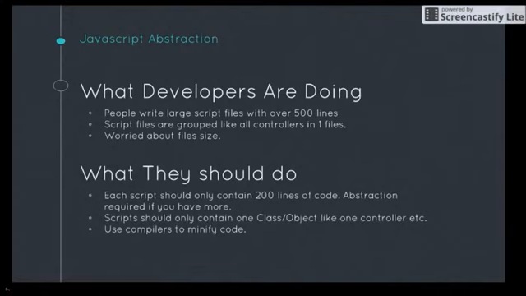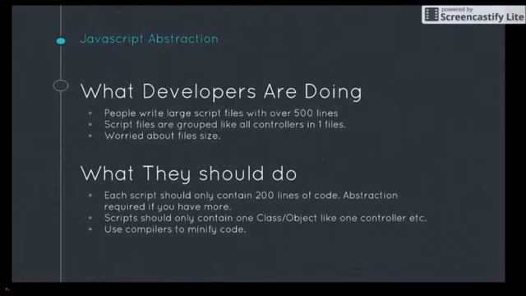So what should they be doing? In terms of large script files, each script should only contain 200 lines of code. Abstraction is required if you have more. If your script is becoming cumbersome and bigger than 200 lines, you should think, hang on a minute, maybe I need to break this up.